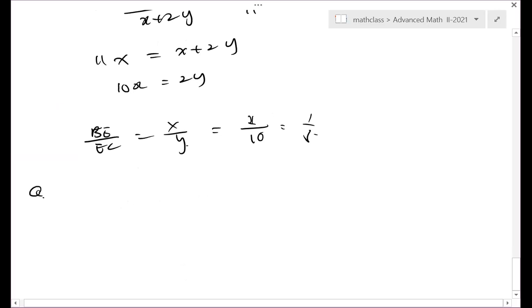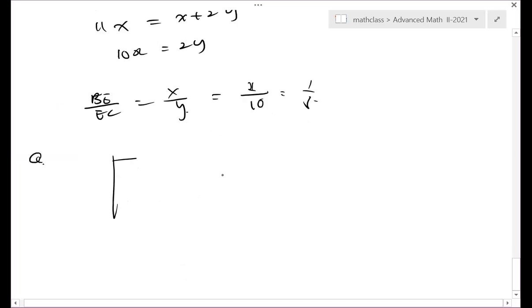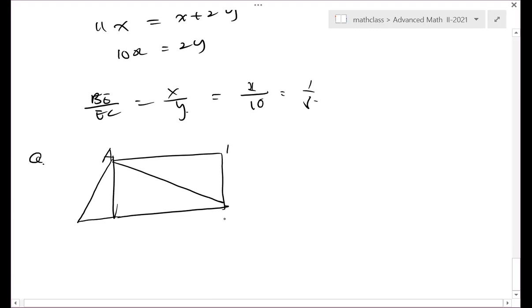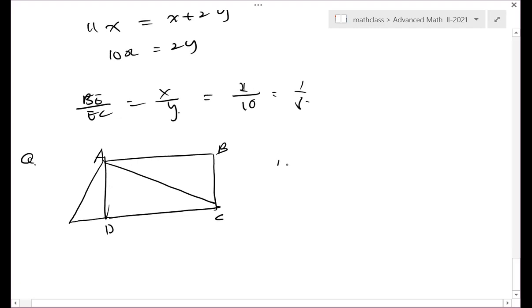All right, now our next problem is: I have A, B, C, D. ABCD is a rectangle.